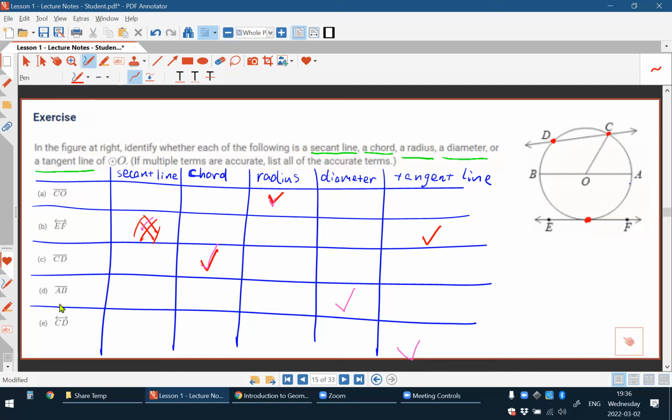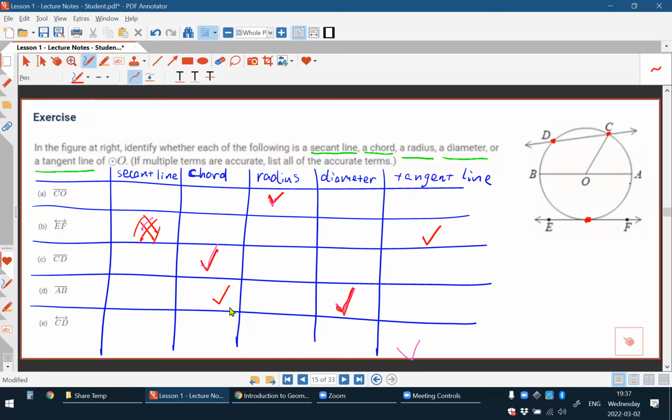Okay, next one is also a segment between A and B, right? So segment AB is here. Note that this is a special segment that crosses the center point. So apparently this is a diameter, right? Note that any diameter is also called a chord, so you need to check this as well.